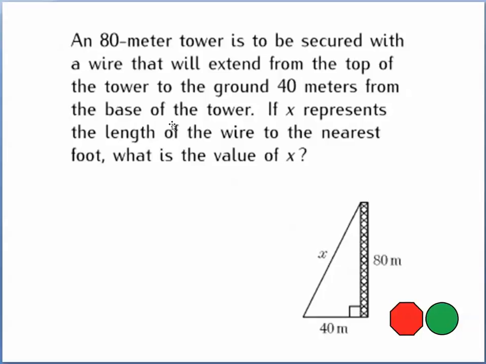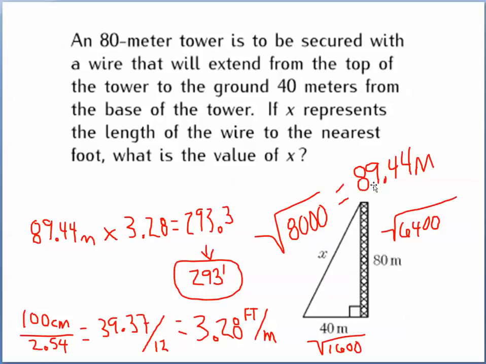Okay, you're being asked to find x in the length of feet rather than in meters, and you're given the information in meters. So you could very easily use the Pythagorean theorem to find out that the length of x in meters was exactly 89.44 meters, but now they want you to convert that into feet.